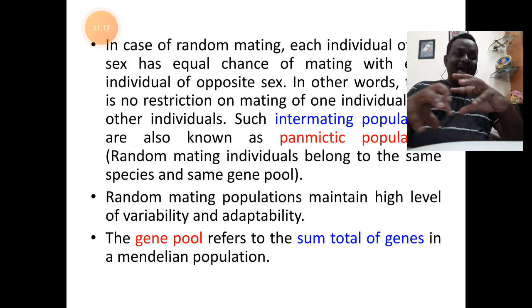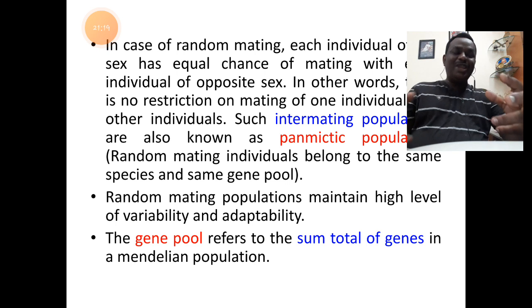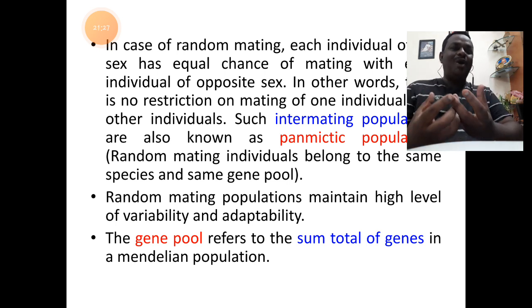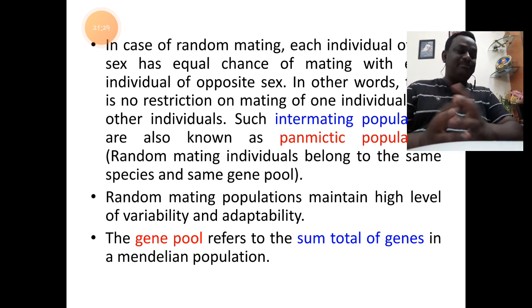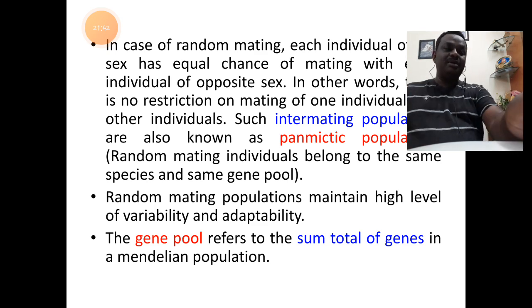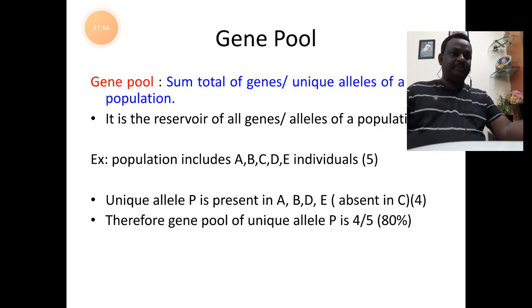So this 1 lakh number of genes which are unique to that population, we call the gene pool. So the gene pool refers to the sum total of genes present in the Mendelian population. Students, remember, the gene pool is a gene reservoir, a reservoir of all genes present in that Mendelian population.